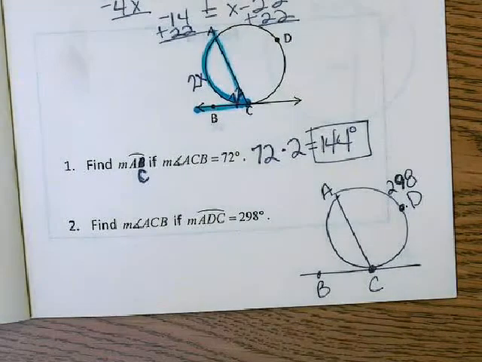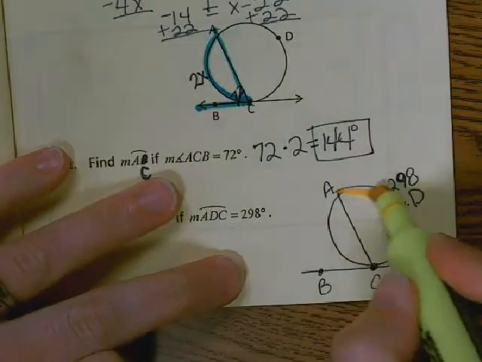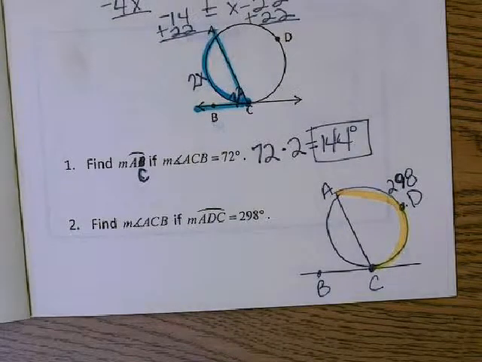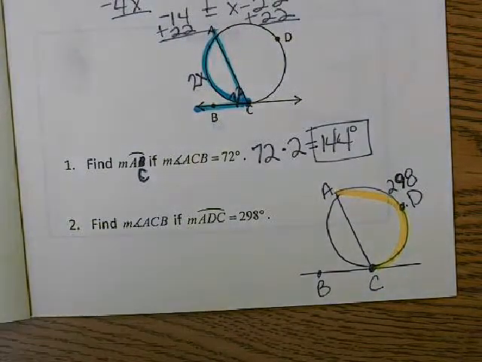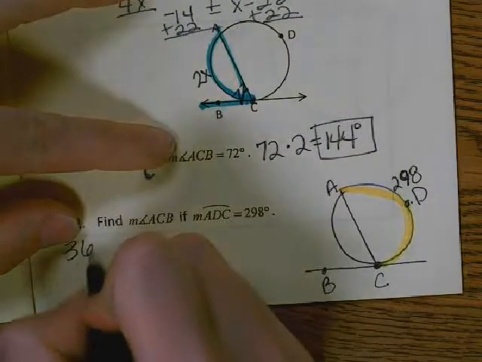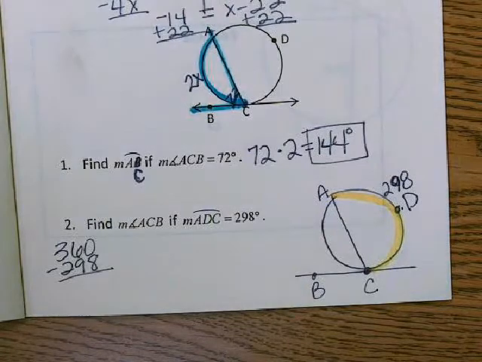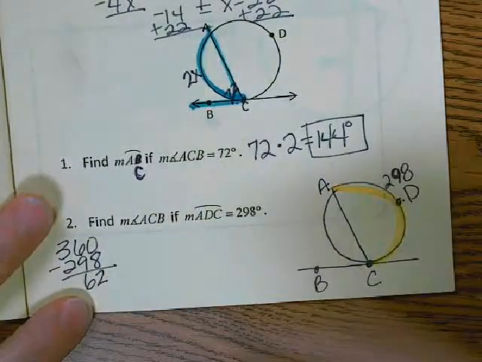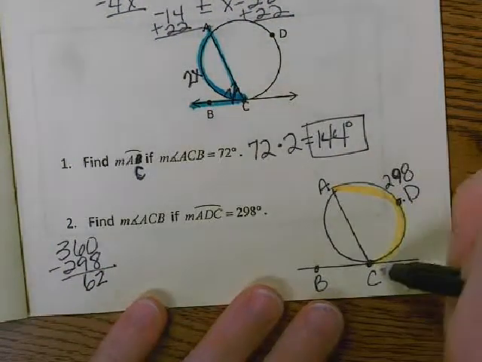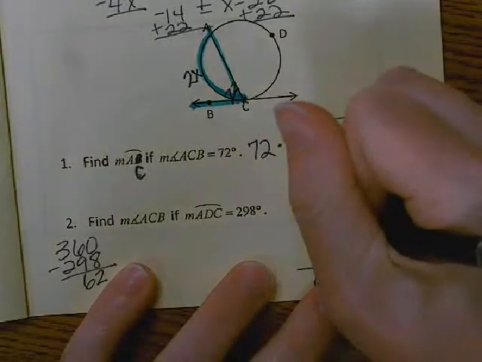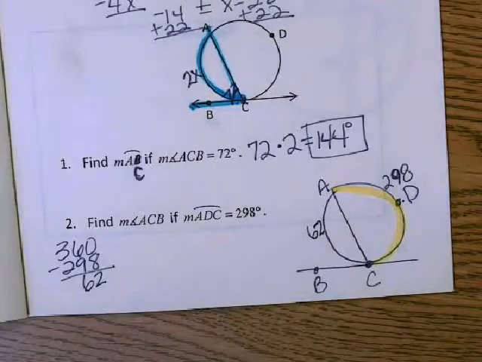So if this part of the circle is 298 degrees, we can find the other part by subtracting it from 360. So 360 minus 298 gets you 62. So if that's 298, then this side is 62 for the arc.